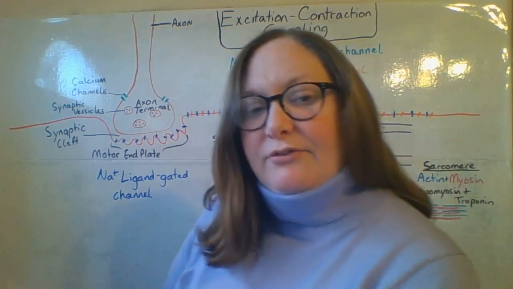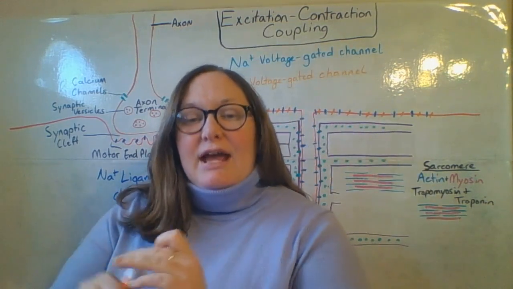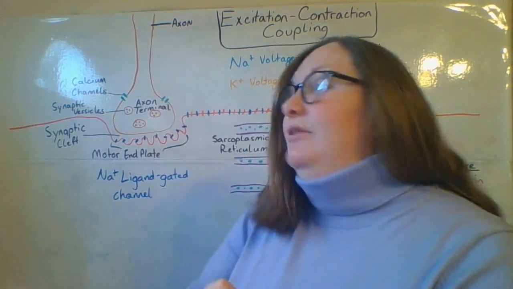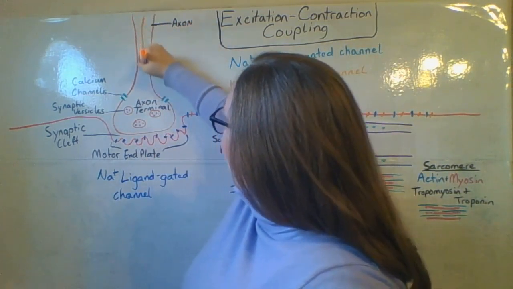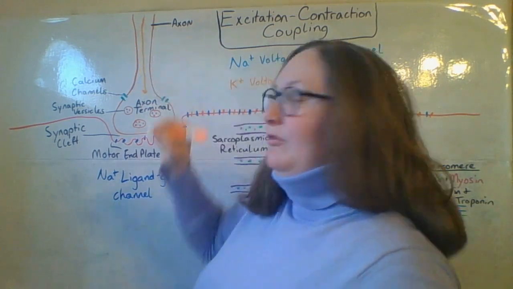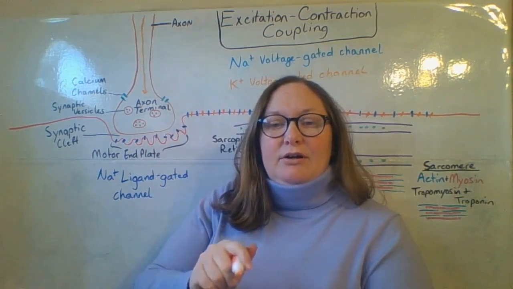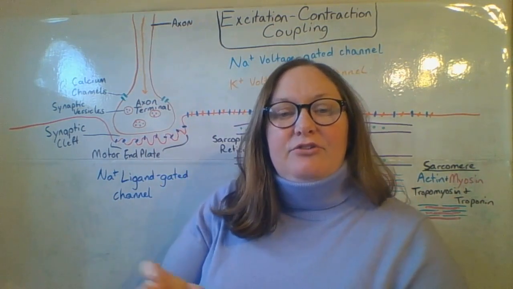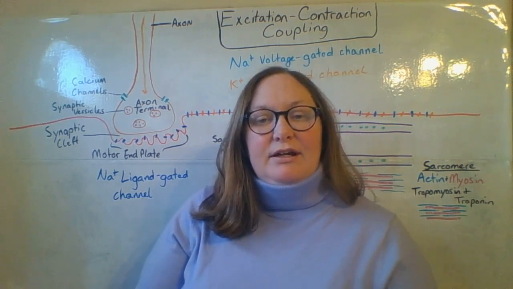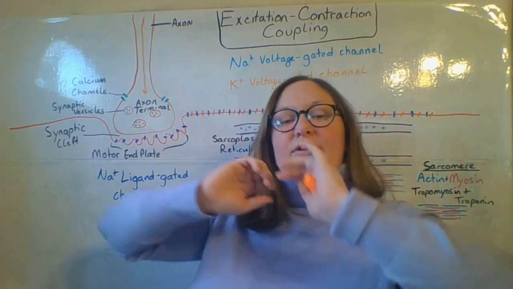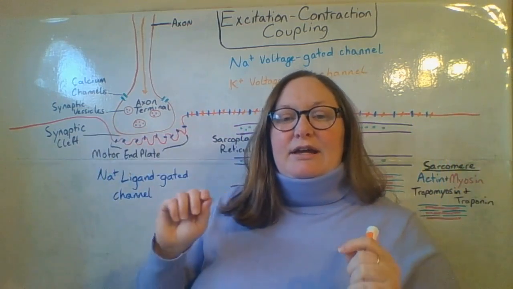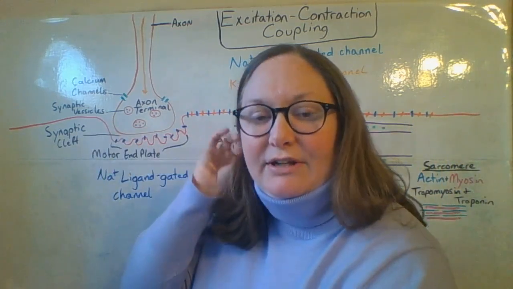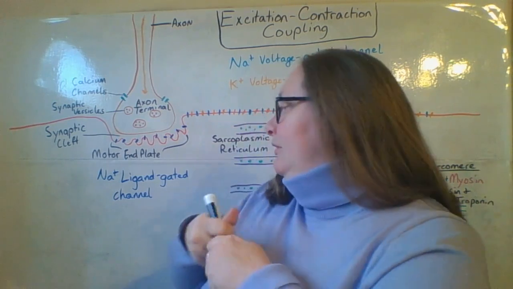Alright, so it starts with an action potential coming down the axon. If you remember from chapter 4, each nerve has an axon, and this axon is what transmits the signal from the cell body of the nerve. And so that signal is called an action potential.